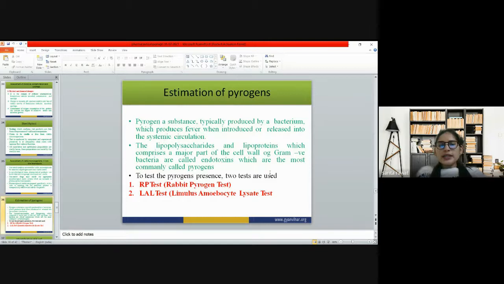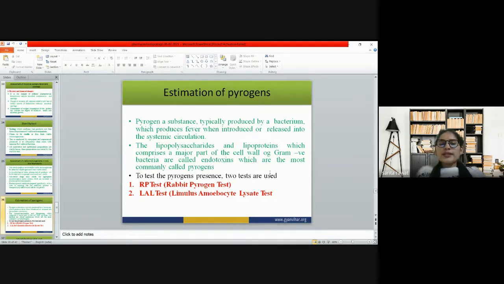Now, estimation of pyrogen. A pyrogen is a substance typically produced by bacteria which produces fever when introduced or released into the systemic circulation. The lipopolysaccharides and lipoproteins which comprise a major part of the cell wall of gram-positive and gram-negative bacteria are called endotoxins, which are the most commonly called pyrogens.